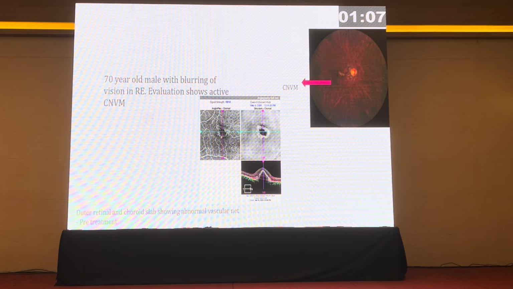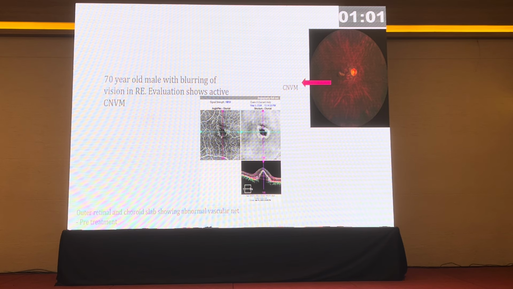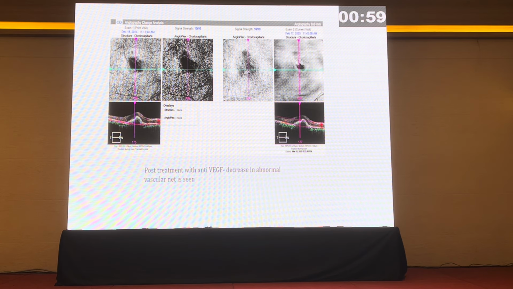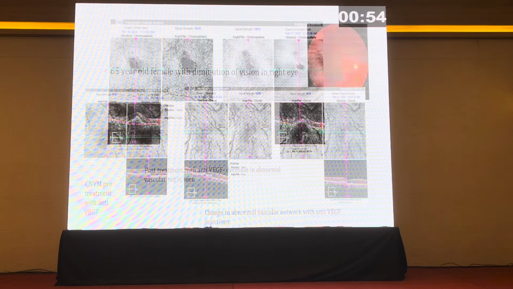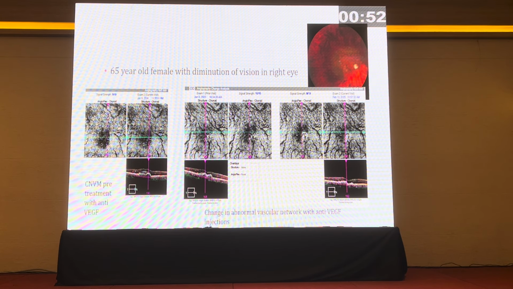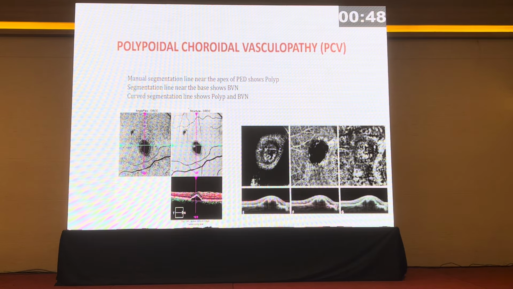So this would be a patient example. In a choroidal neovascular membrane, there is a central area of definite neovascularization there, and you can see that after treatment there is a reduction in the size of the neovascularization, which will guide us towards treatment. So again, another patient in whom you can see the progression after treatment with each visit.